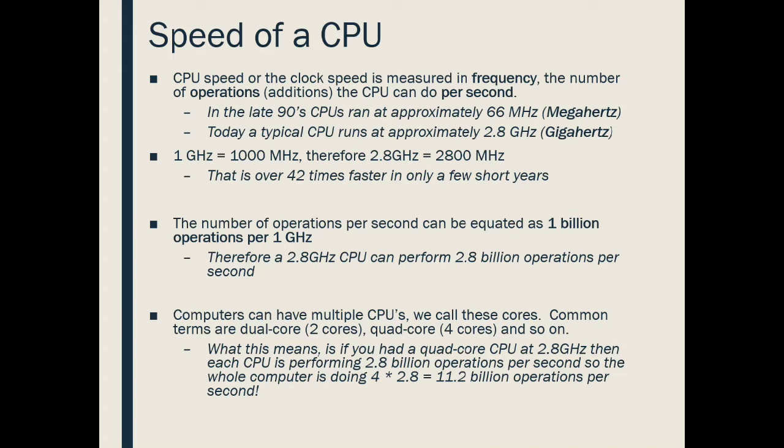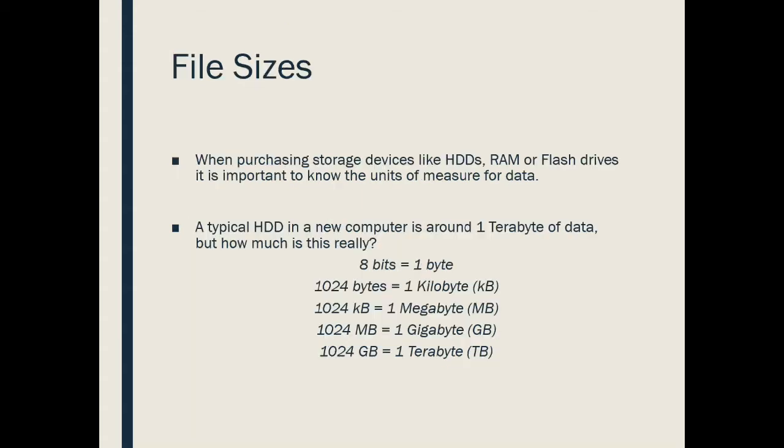Now this is true on paper. In reality, it's going to be less, because there is some loss in speed from communication traveling back and forth between the CPUs. So you don't actually get that number, but for argument's sake, that's about right.